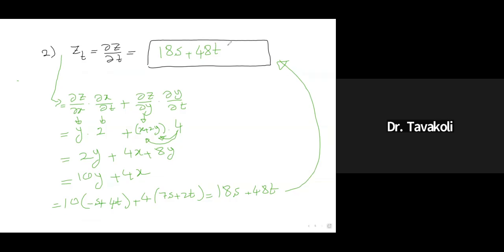Let's do another example. The next example has just one part. The function in terms of x and y is w. So let w be equal to e to the power of 2x plus 3y. So the power of this exponential function is 2x plus 3y.